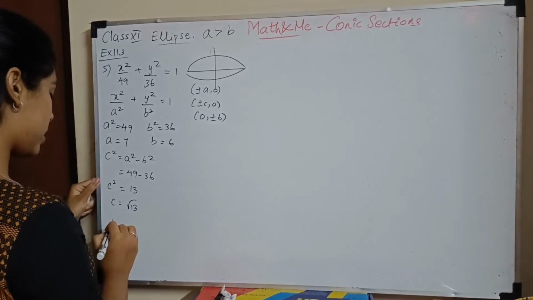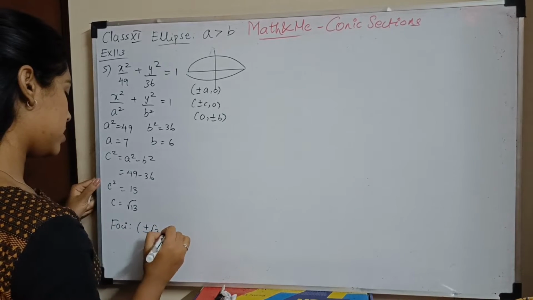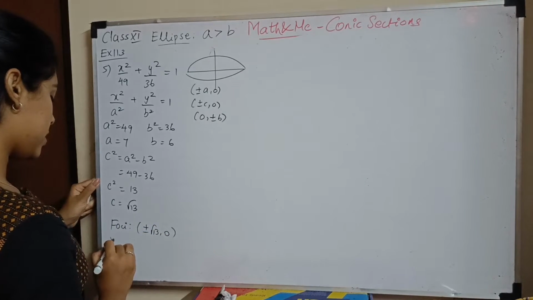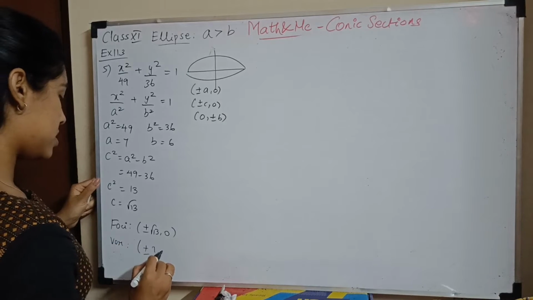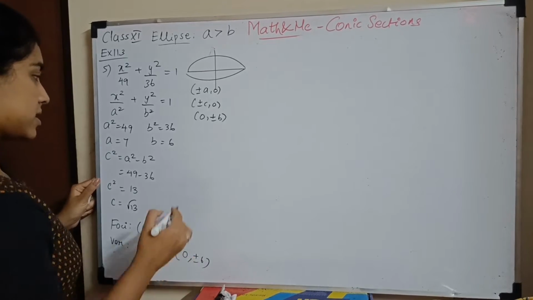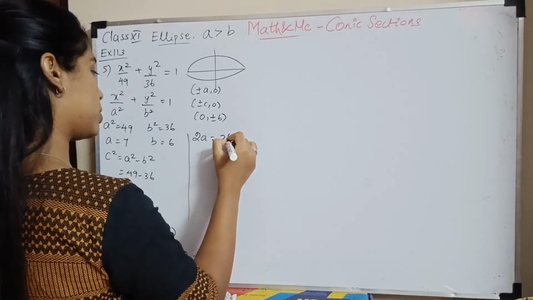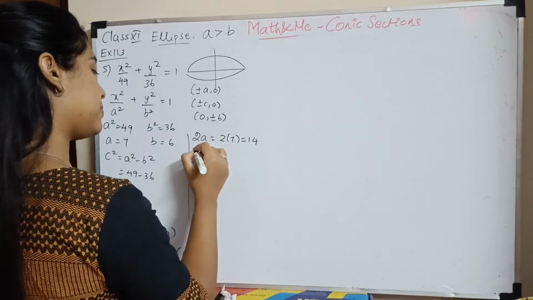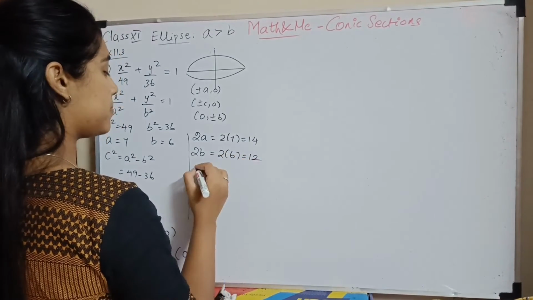So what will be my foci? Plus or minus root 13 comma 0. Vertices will be plus or minus 7 comma 0 and 0 comma plus or minus 6. Length of the major axis is 2a, which is 2 times 7, 14. Length of the minor axis is 2b, which is 2 times 6, 12.